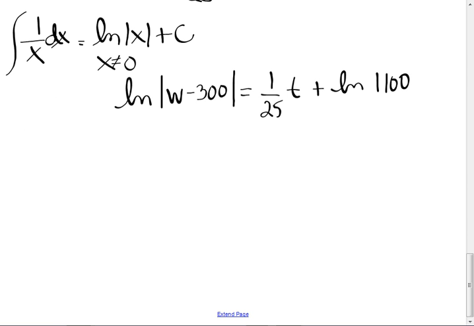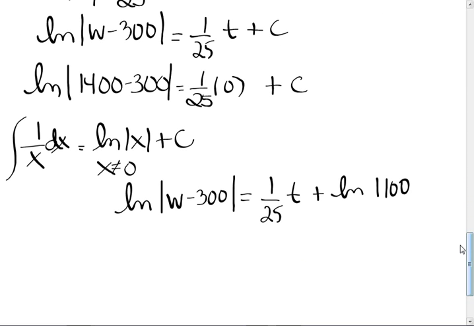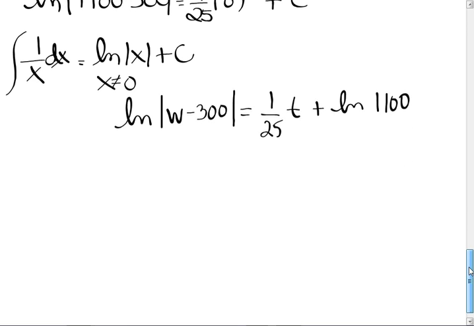So it's just a common error. I do the same thing for some reason. The right side? I can put it on either side. But remember, I want to solve for w, so I'd rather put it on the right side. If I put it on the left side, I'll have negative log of 1100. It'll work, but then I just have to move more stuff around. I want to keep my moving stuff around to a minimum.